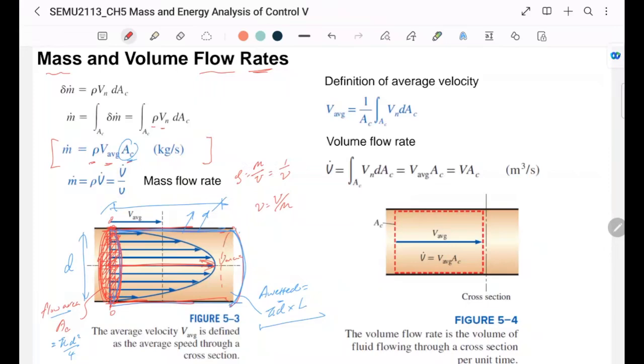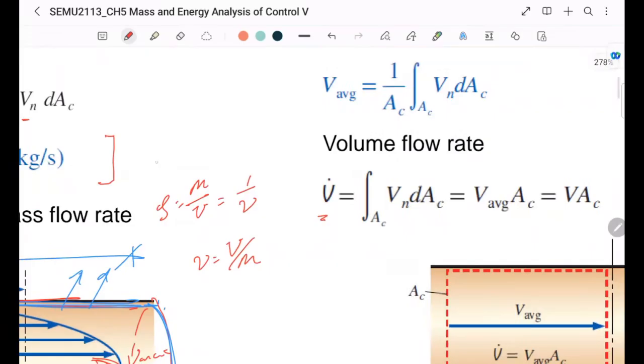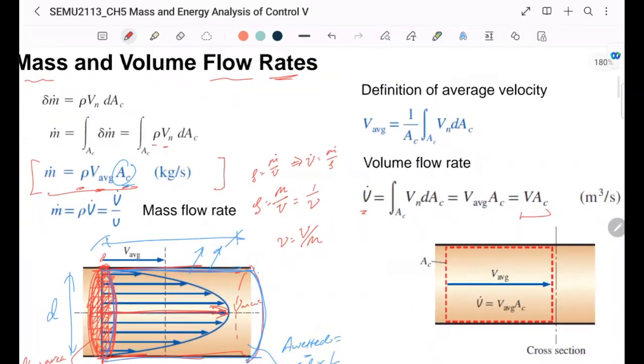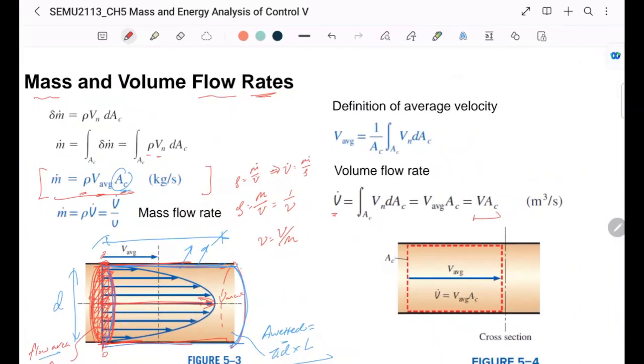So this is volume flow rate. If we want to define the volume flow rate, then we really use this equation, because the definition of density can also be expressed in the rate. It's no problem. So volume flow rate is basically m dot over the density, which gives us velocity multiplied with flow area only.